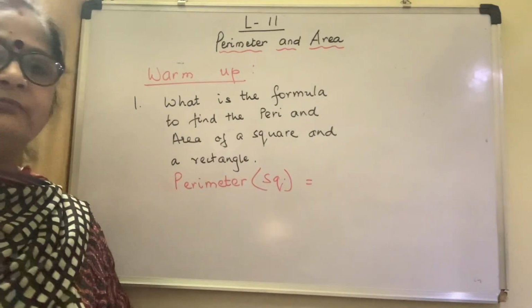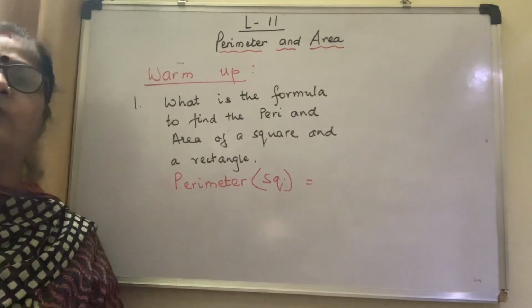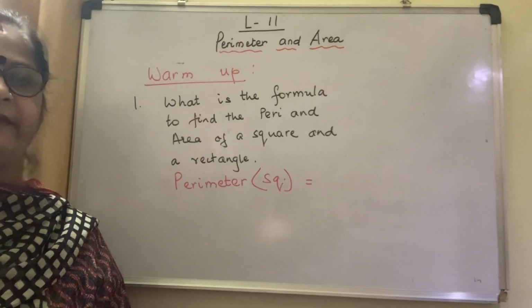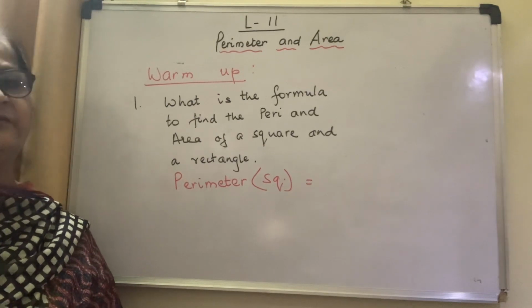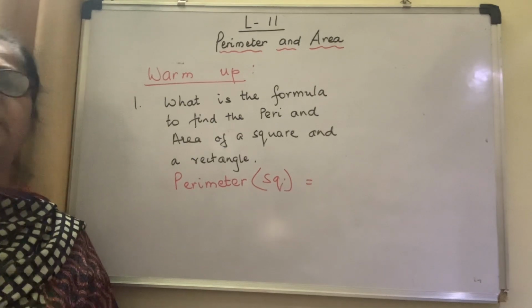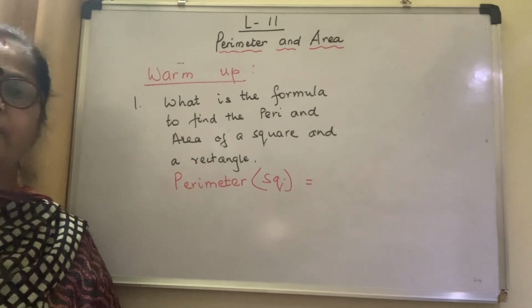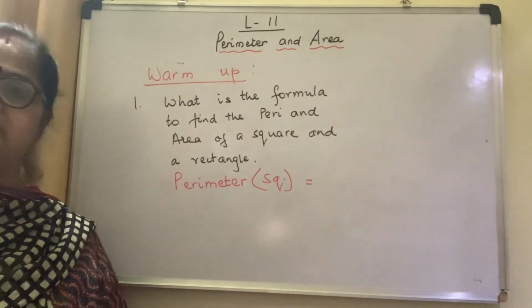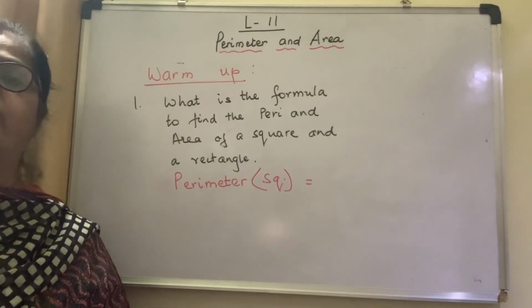Now, before I come to how we find the perimeter of a square, let us understand what is perimeter. Now, perimeter is the boundary of a closed figure. Any closed figure, the total boundary is the perimeter. When we talk about total boundary, it means it is the sum or addition of all the measures of a boundary.